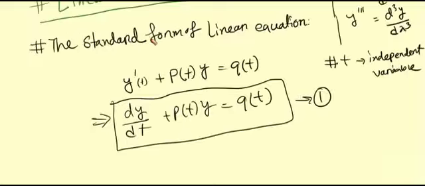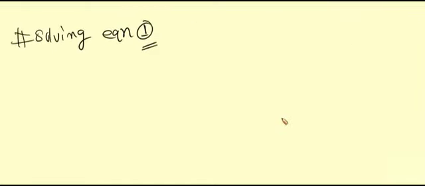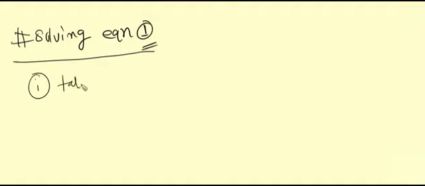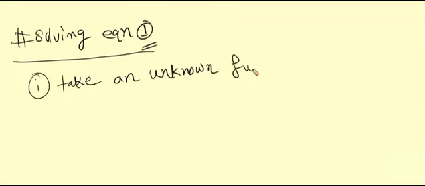So solving equation 1, that is this one over here. The first thing we are going to do is take an unknown function. So the first step, take an unknown function, mu of t, let's say.